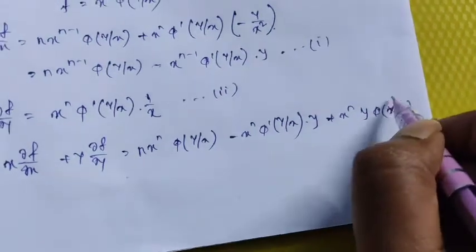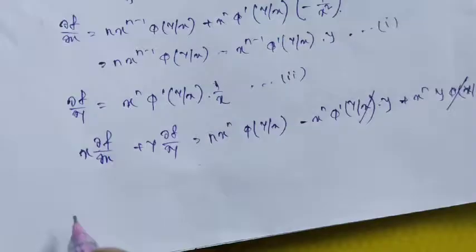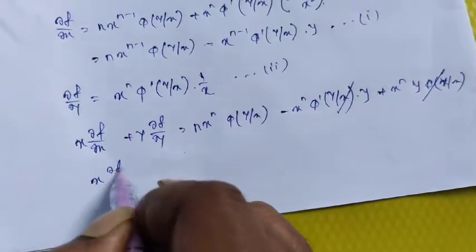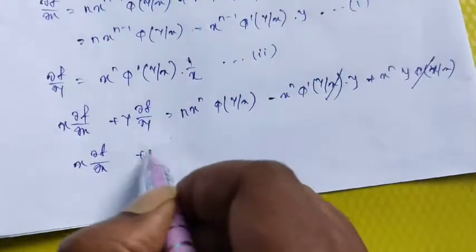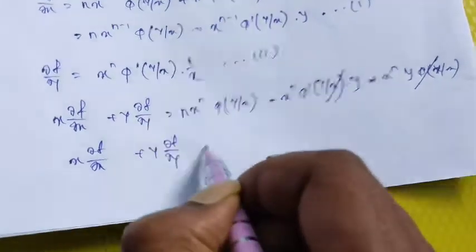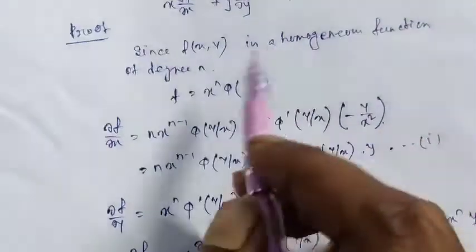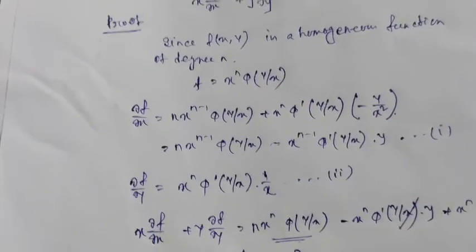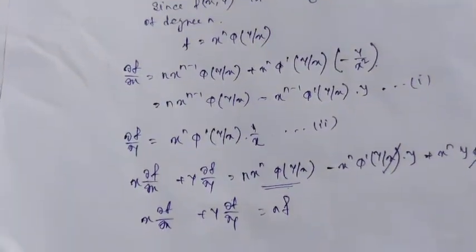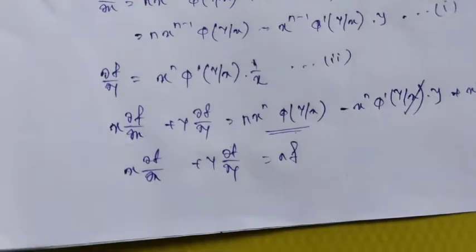And see here, both these terms cancel out, and from here we get x del f del x plus y del f del y is equal to nf, where f is x to the power n into phi of y by x. So now this is the proof of Euler's theorem.